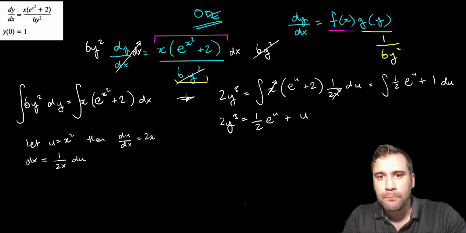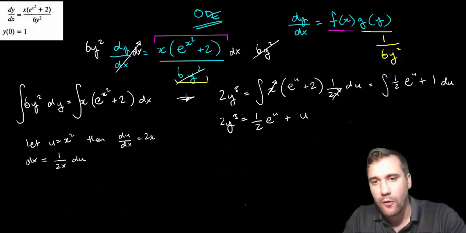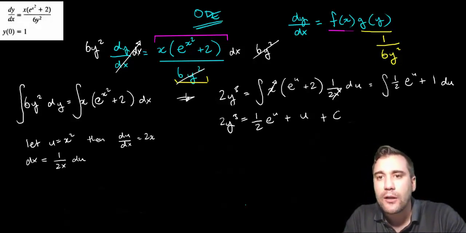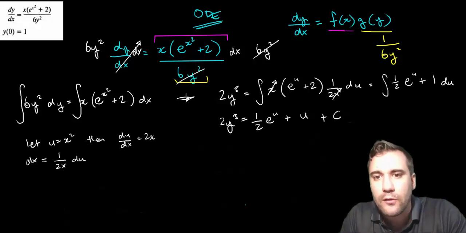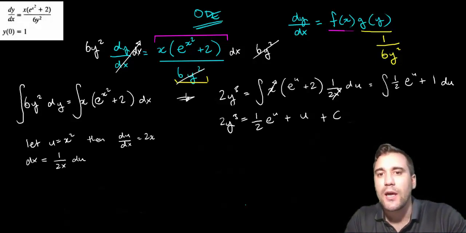And then, of course, we would have had a constant of integration from the left side, and we have a constant of integration from the right side. Right now we're just going to add a constant to cover both of them at the end, because you'd end up with a constant minus a constant, and that is just another constant. So we're just putting c here at the end of the integration. It's important to do it here and not later.